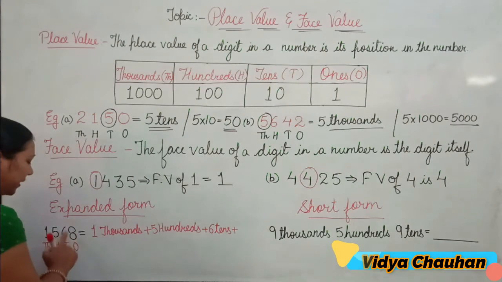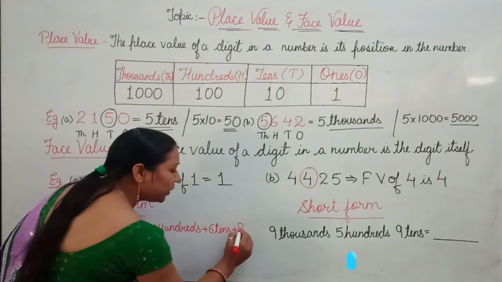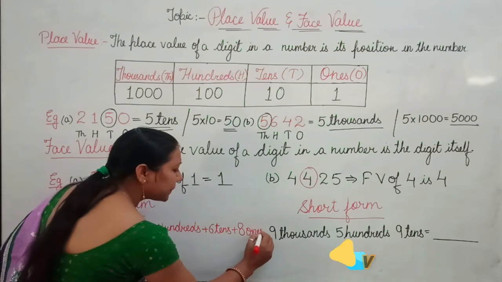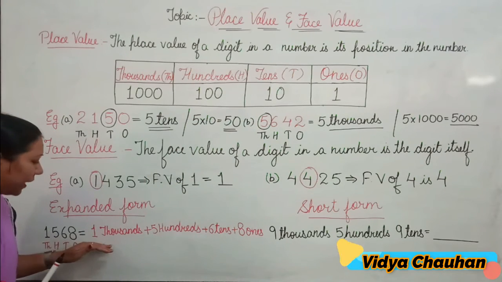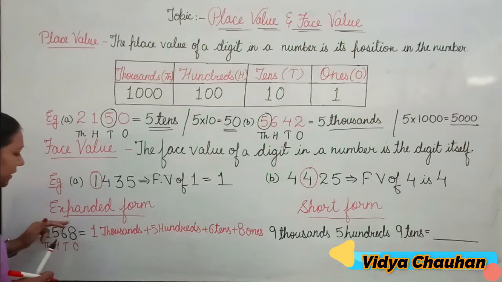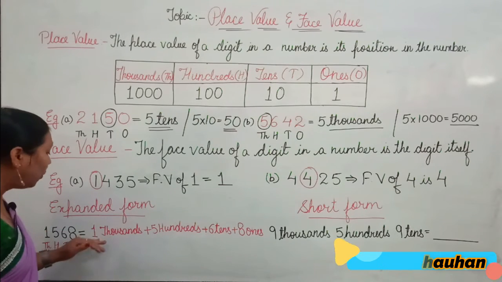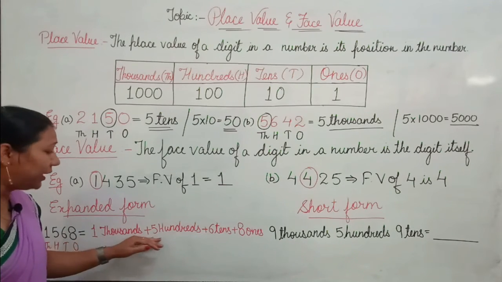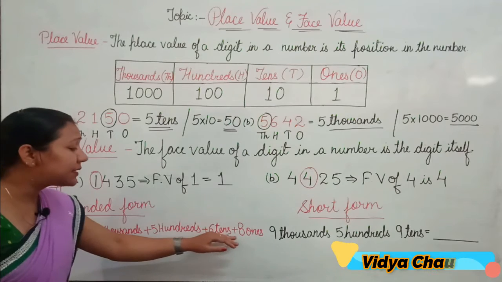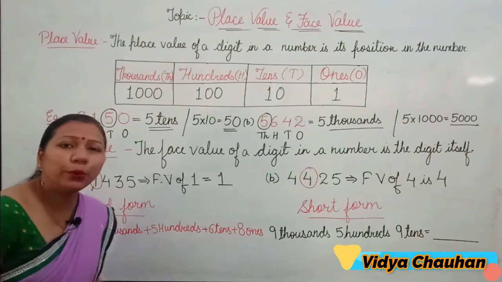And the last, 8 is at ones place, so 8 ones. So this is how you can write the number 1568 in its expanded form: 1 thousands, 5 hundreds, 6 tens and 8 ones.